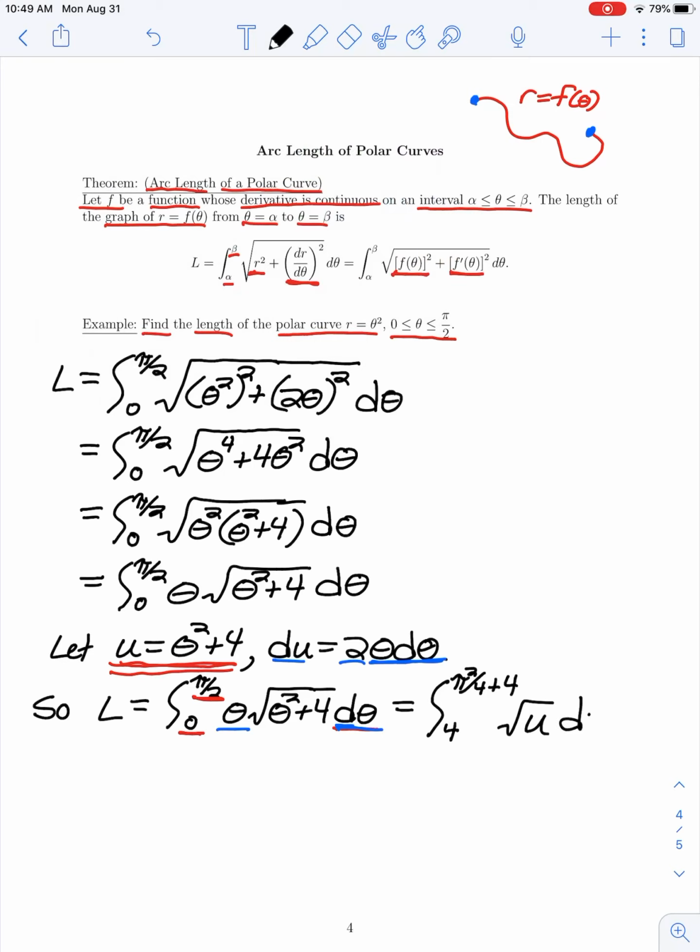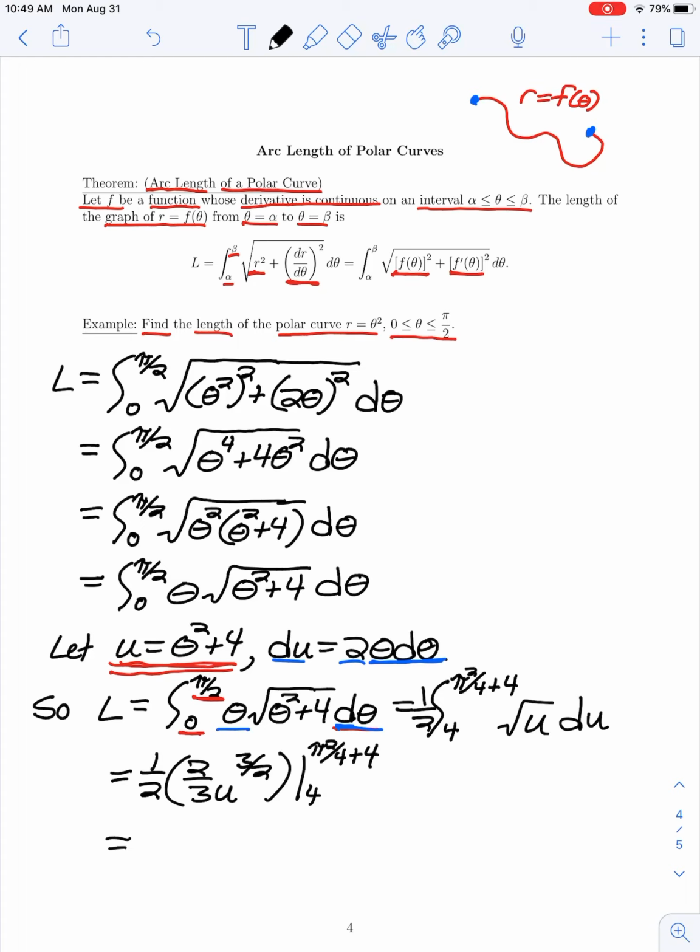So I pick up a du with a factor of 1/2, which I can bring out in front of the integral. Now I have my constant factor of 1/2 times the antiderivative of root u, which is 2/3 u to the 3/2 power, and then evaluating from 4 to pi squared over 4 plus 4.